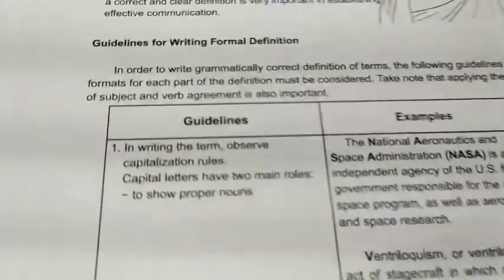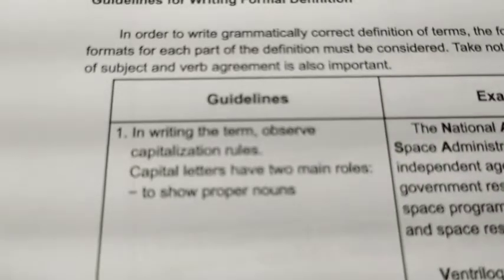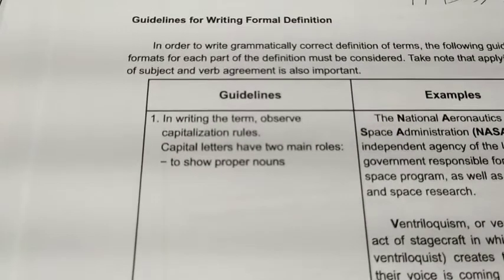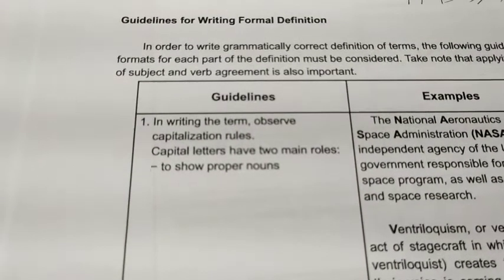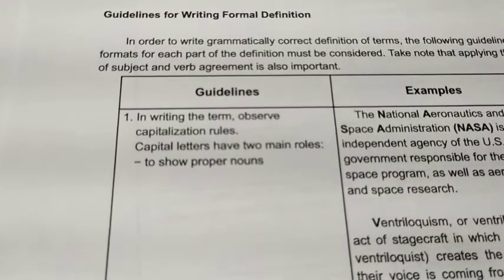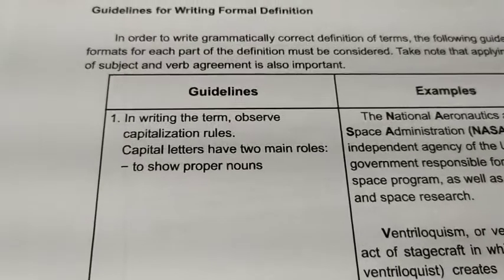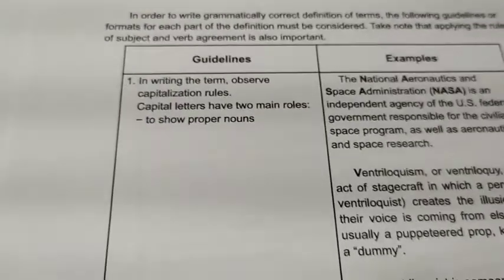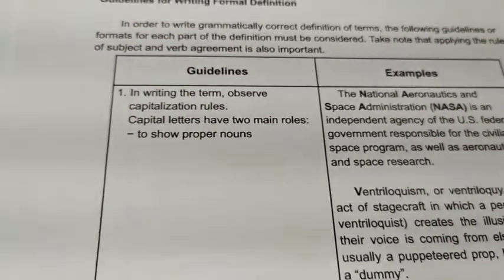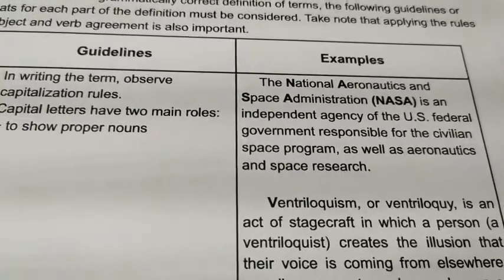We have different guidelines. The first one is, in writing the term, observe capitalization rules, because capital letters have two main uses: to show proper nouns, meaning places and names of people, and even acronyms.